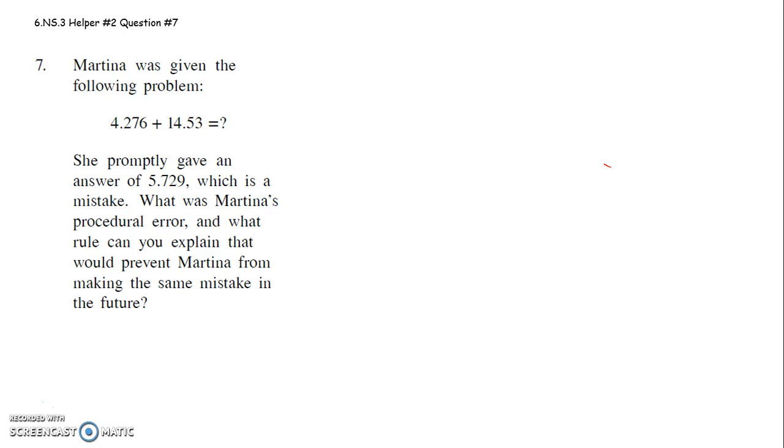I wonder. I know when we have to add decimals, we need to line up our place values. So if I look here and I have 4 and 276 thousandths, I know with this 14, the 4 here in the ones place needs to go right beneath this 4 in the ones place.